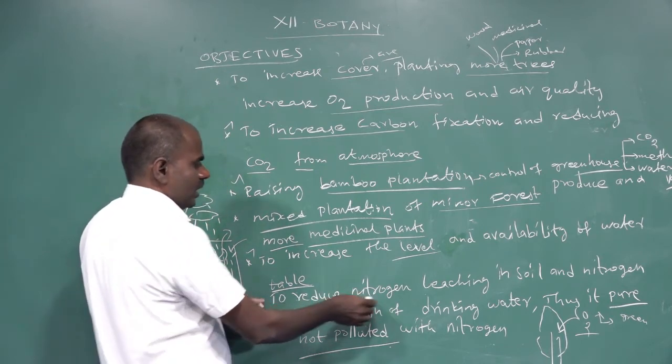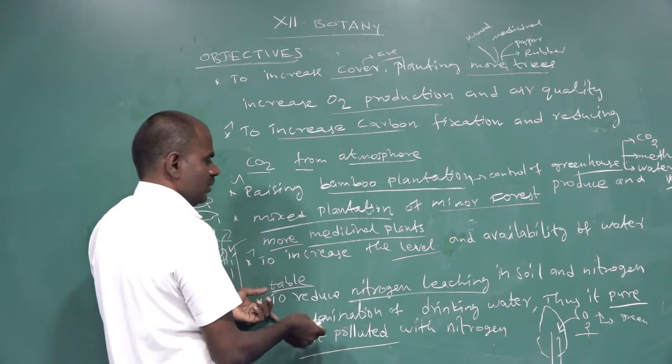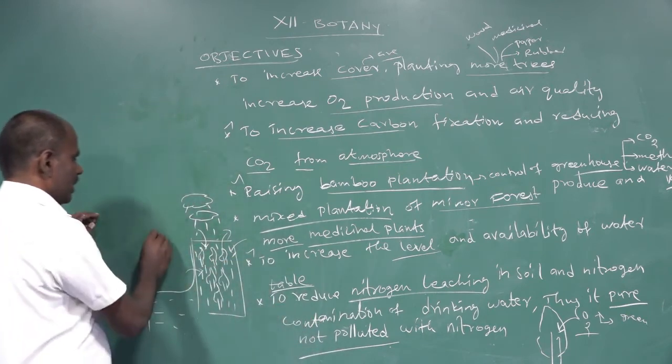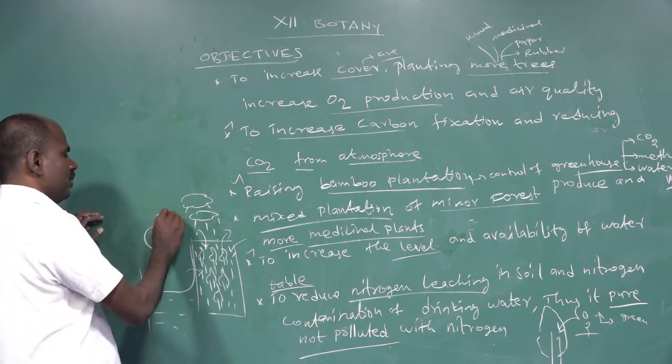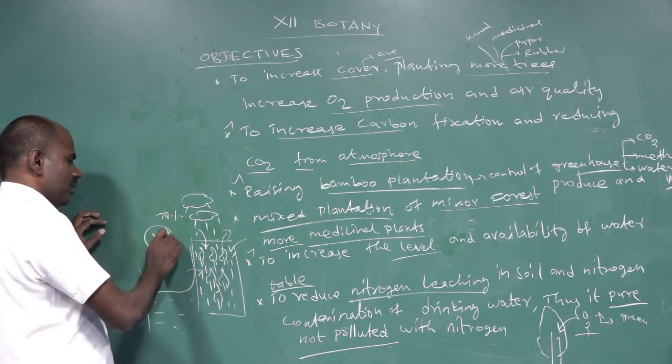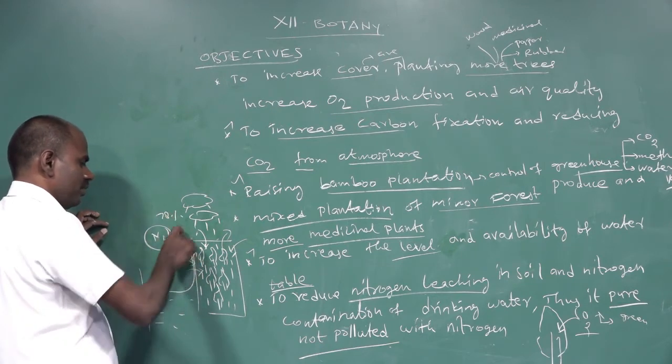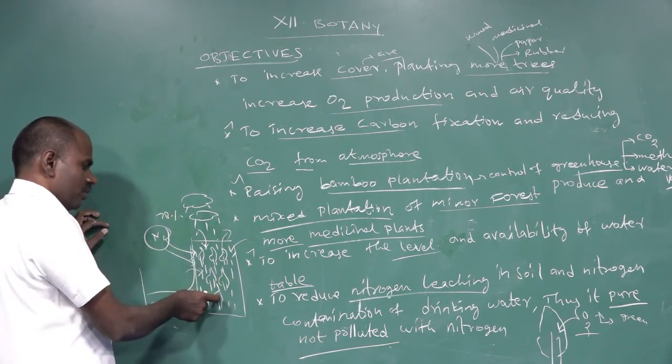The last one is to reduce nitrogen leaching. Leaching concerns the nitrogen present in the atmosphere, 78% of which is nitrogen. Some non-ligneous and ligneous plants fix nitrogen in the nitrogen fixing process.